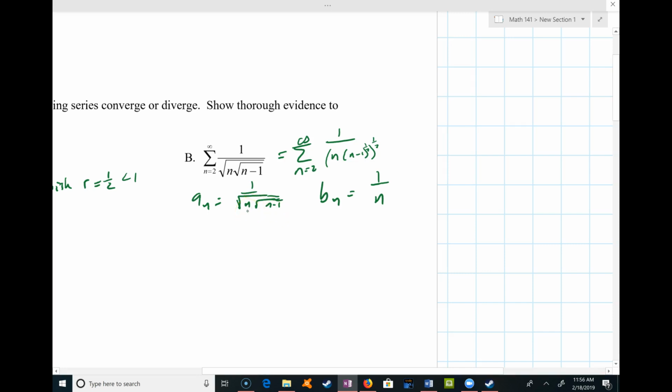So that essentially would be n to the 3/2 power, but it's also square rooted. So that would be n to the 3/4 power. So we're going to make that 3/4.